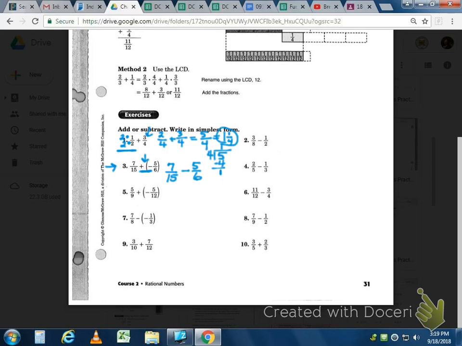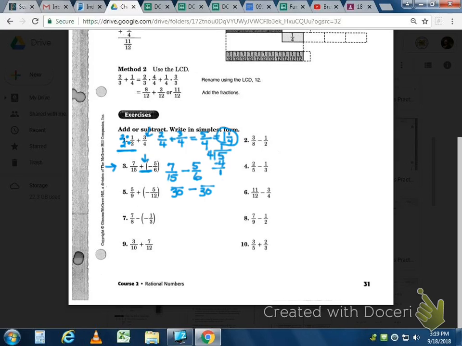I've got to find a common denominator. I look to my largest denominator, 15. 6 does not go into 15 evenly. So I take 15 times 2, which is 30, and 6 does go into 30. So we're going to rewrite both of these fractions with a denominator of 30.